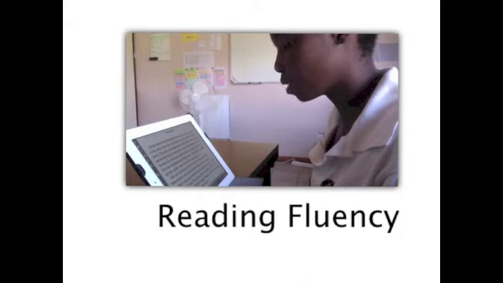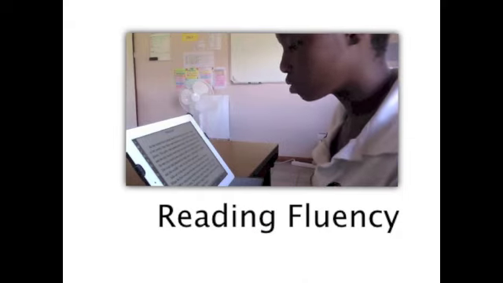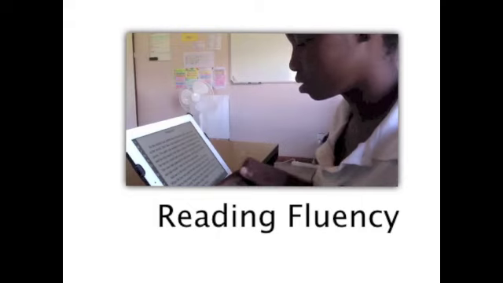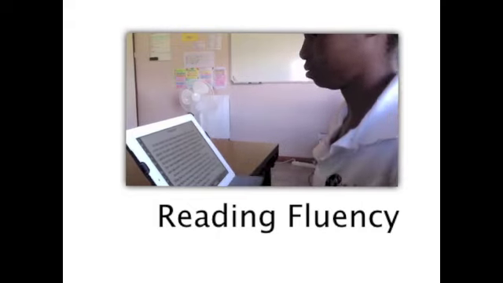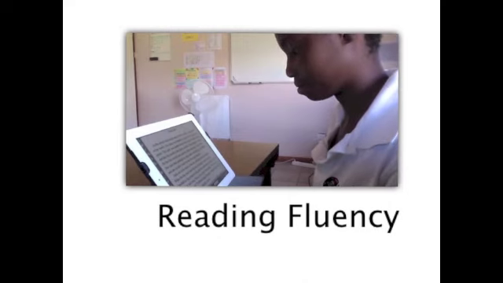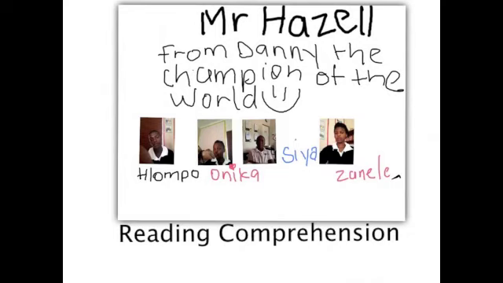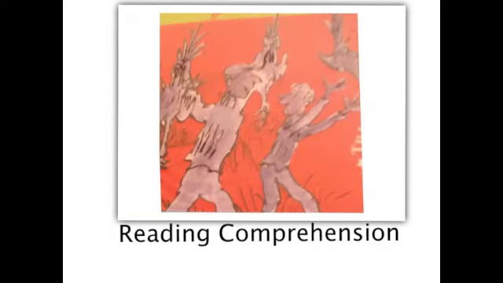Was singing in loud laughing voices. Mr. Hazel from Danny the Champion of the World. Mr. Victor Hazel. He is smart, kind, fat, jealous, helpful, hateful, prideful, businessman, rude, horrible.